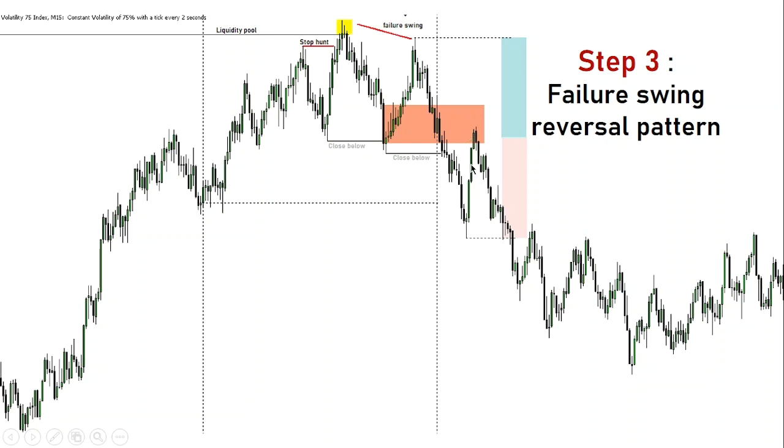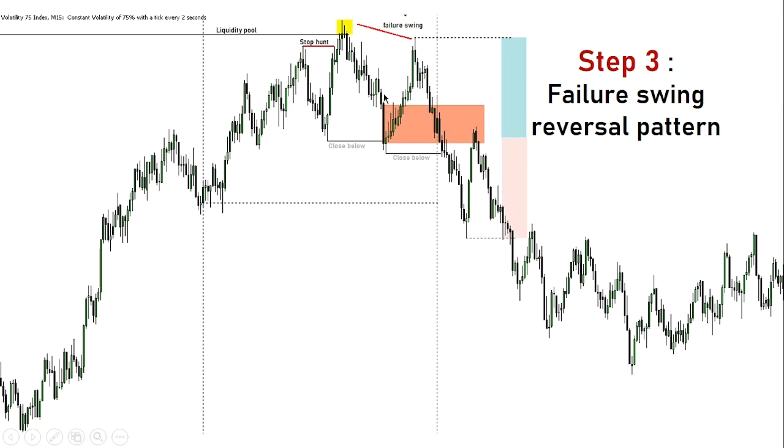Let me say it again: the entry is supposed to be on the failure swing leg in the premium if we're bearish. But if we're bullish, it's going to be in discount, right? So the entry is supposed to be on either an order block, a fair value gap, whatever, as long as it's on the failure swing leg. Because after we close below here, price will usually retrace back inside that range and then sell from there. That's the time for your entry.